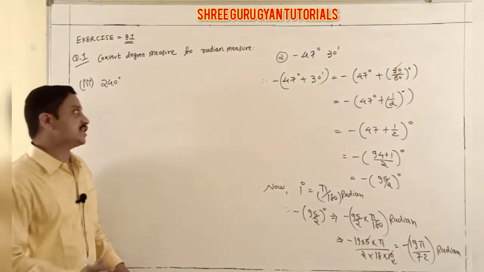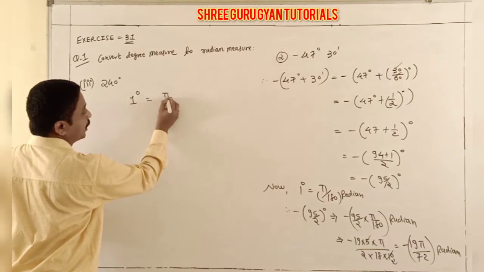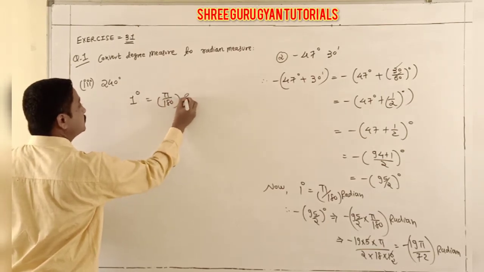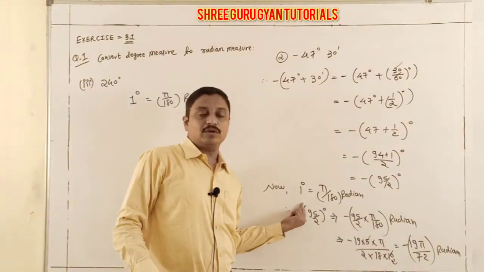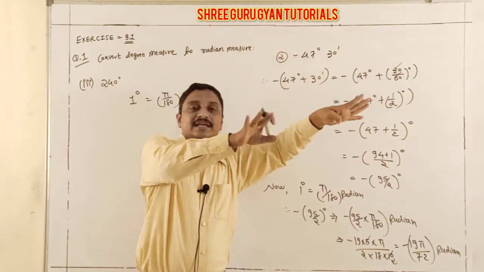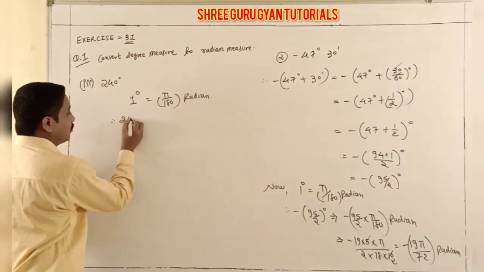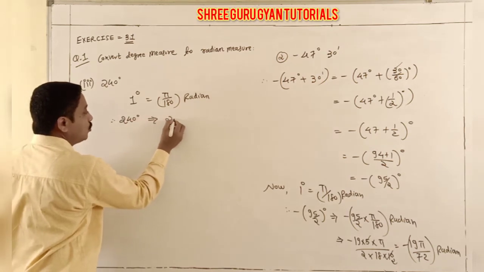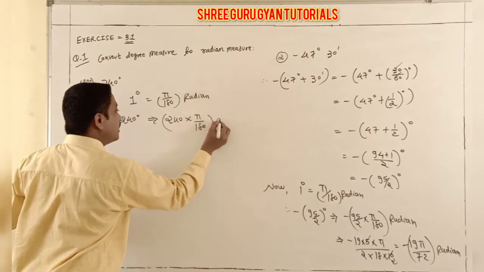So students, generally the same formula applies here. 1 degree is equal to pi by 180 radian. Only one application I am applying. Whenever you are given minutes and seconds, you translate up to degree. Here it is already given in degree. So I write 240 degree is equal to 240 into pi by 180 radian.